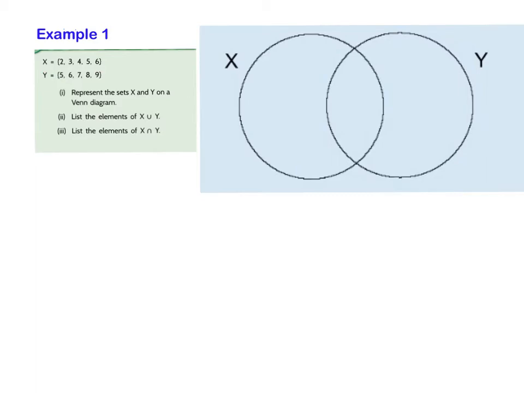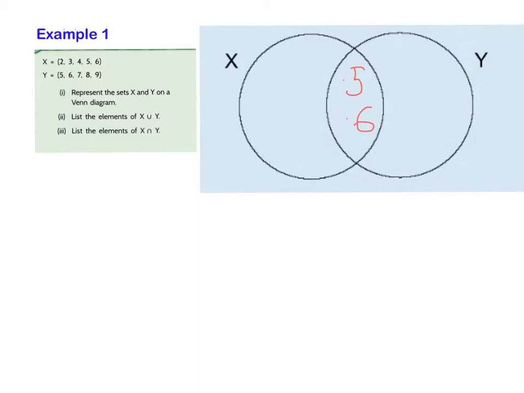First of all, as we said before, we need to look at sets X and Y, look at all the elements, and see if there are any elements common to the first and second set. So 6 and 5 are common, so let's put them in the middle: 5 and 6.